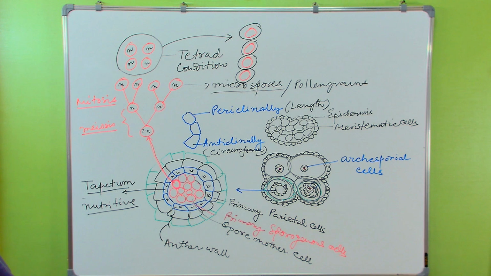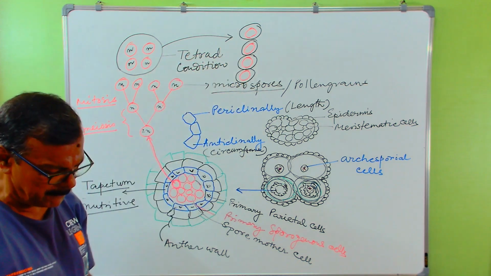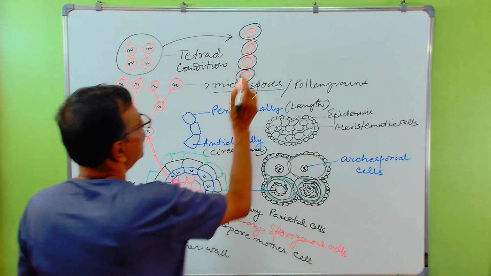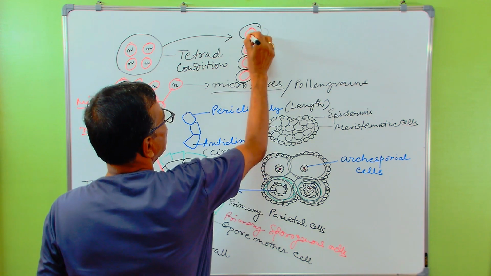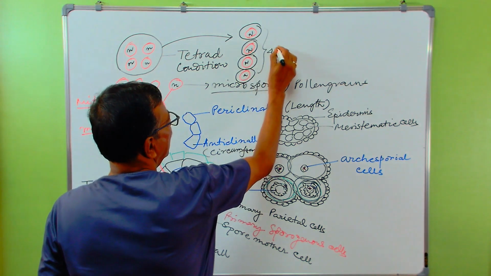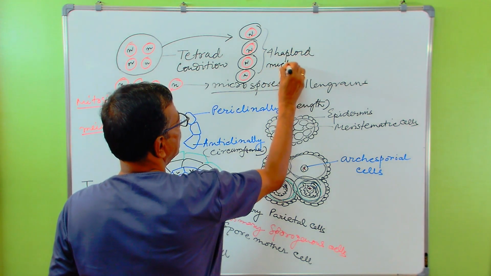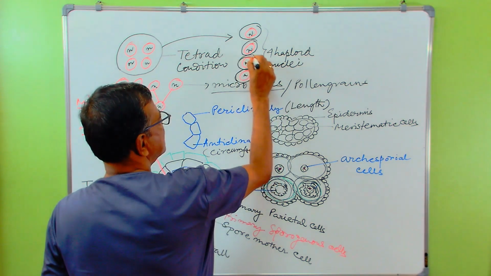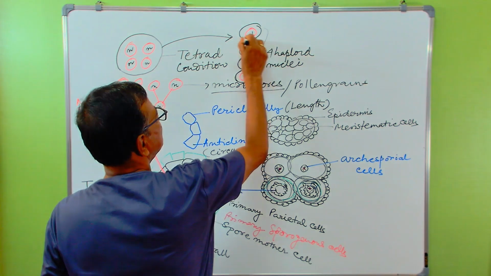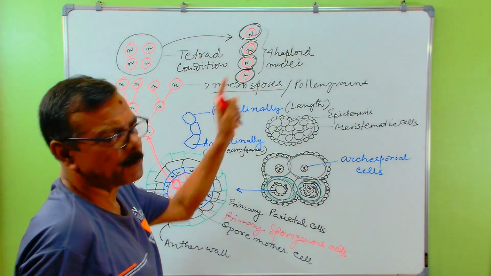Now, 4 haploid nuclei are produced, covered by a cell wall, and they act as pollen grains or microspores.